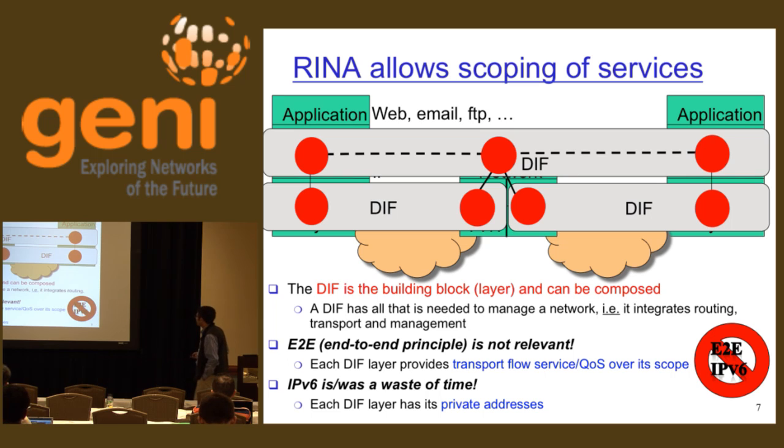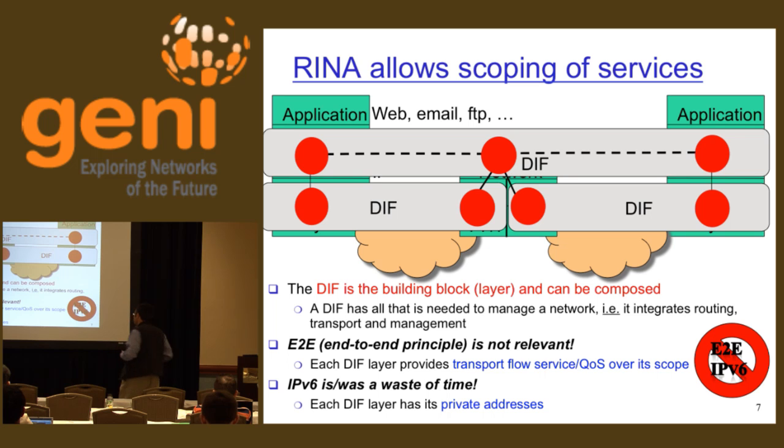And this view actually will change things for us. So the principles that we learned when you learn about TCP/IP, the end-to-end principle, where only the hosts can ask for service, this is no longer relevant. Here in this architecture, any process can ask for service, or the ends of a virtual link are asking for service from the lower layer DIF.